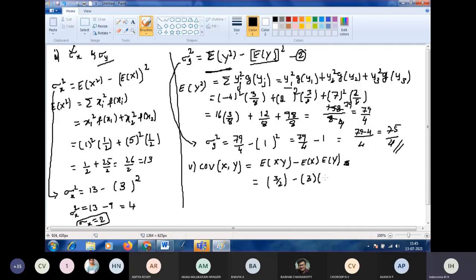Expectation of y? 1. 3 by 2 minus 3. Take LCM as 2 and simplify. 3 minus 6, that is minus 3 by 2. Is it right?